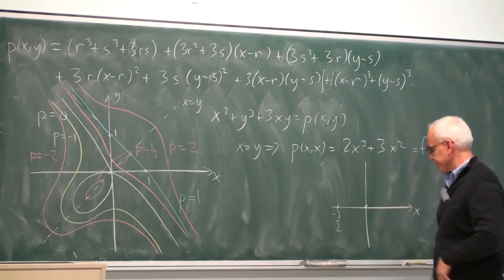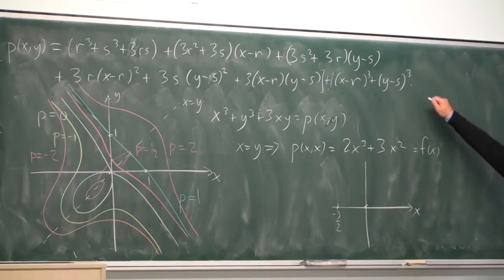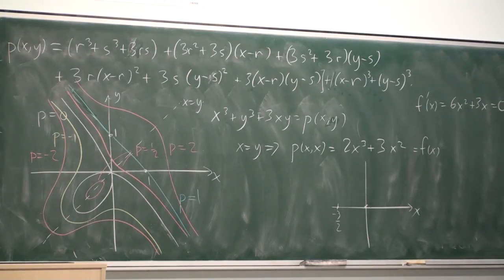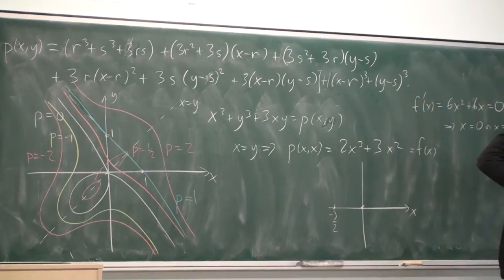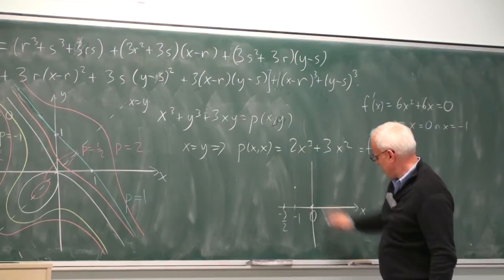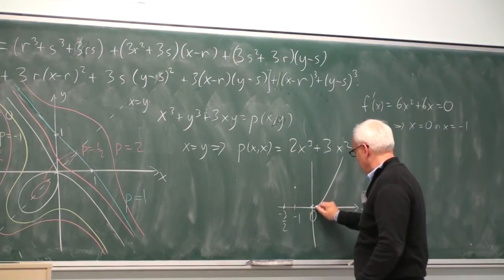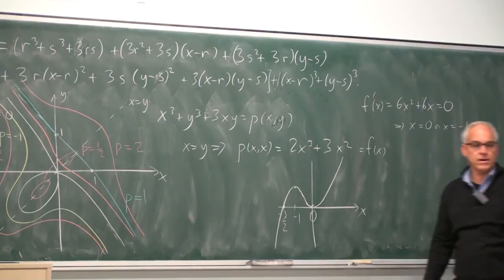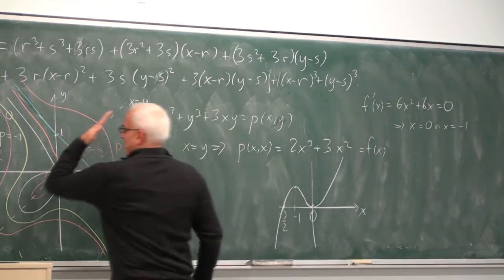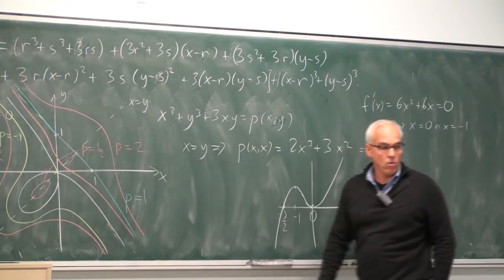The derivative, f prime of x, is 6x squared plus 6x. That equal to 0 implies x equals 0 or x equals minus 1. So there's a max like this, so it looks like this. That's the cross section of this surface above the line x equals y.